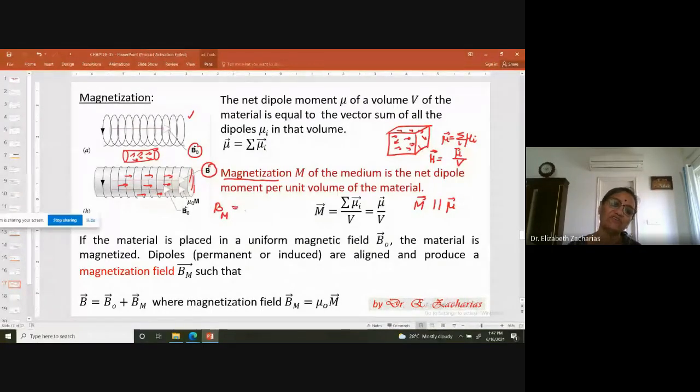It is related to the magnetization by the equation Bm equal to mu naught into M. M is magnetization, Bm is the field due to magnetization.